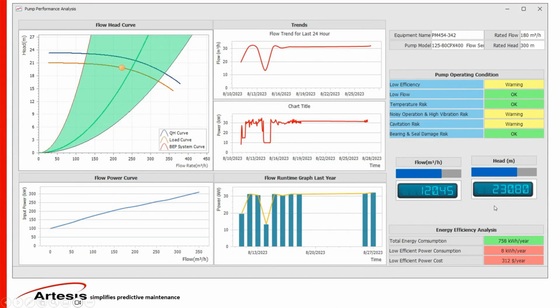With that, how much is the total energy consumption, how much energy can be saved, and what is the associated savings in terms of dollars or euros or whatever currency you're using.